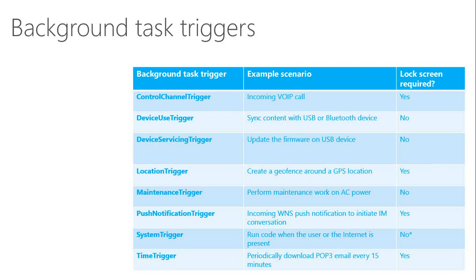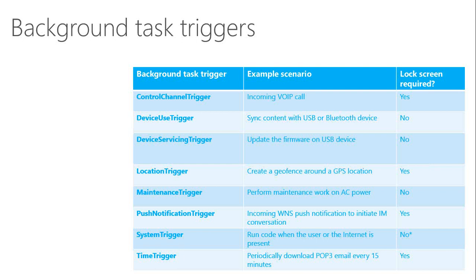Now let me take your attention to the lock screen required column, which is the last column of this table. For some of the triggers it says yes, and for some it says no. The next slide is dedicated to lock screen, so I'm going to cover it there. But if you look at the lock screen required entry for system trigger, it says no with a star.